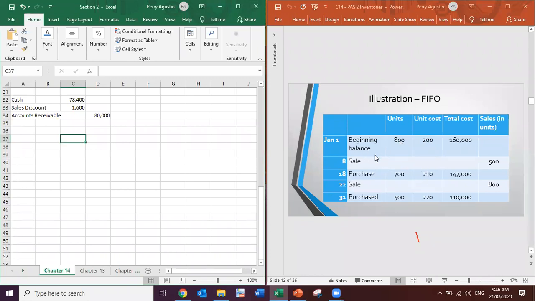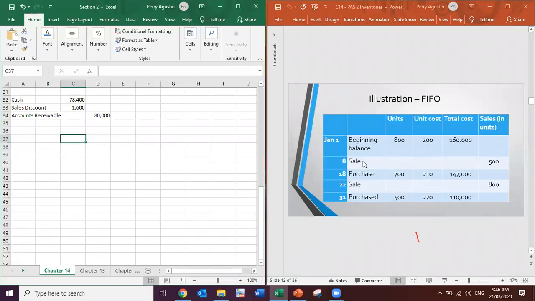So we have our beginning balance. So when we say units, this is the number of units that you could sell. But when we say unit cost, this pertains to the cost price, the price of the items that you are selling. But how do we get our total cost? We get our total cost by simply multiplying the units to our unit cost, all right?